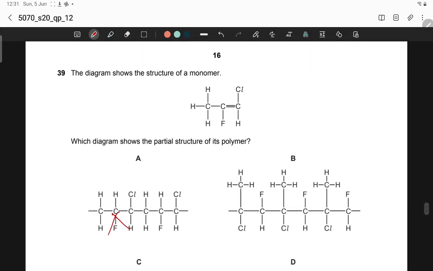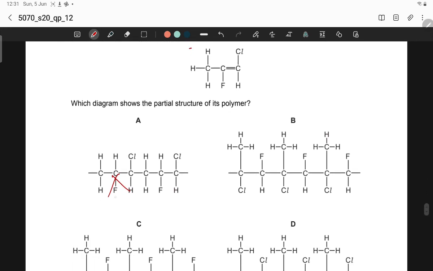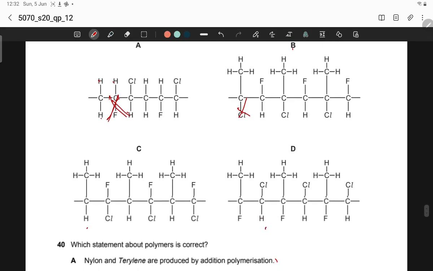Question number 39. The diagram shows the structure of a monomer. Which diagram shows the partial structure of its polymer? So this is incorrect because H, H, another, this is the structure of modified form of CH3. So CH3F is not correct because the carbon is attached with CH3 and F. This is incorrect.